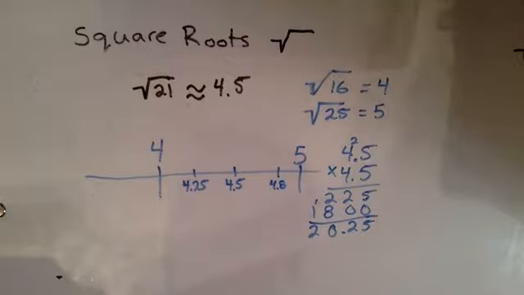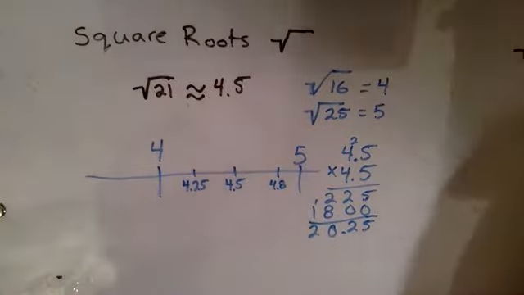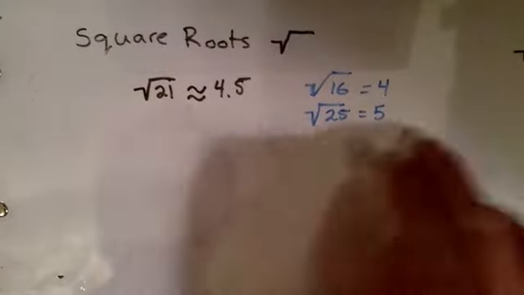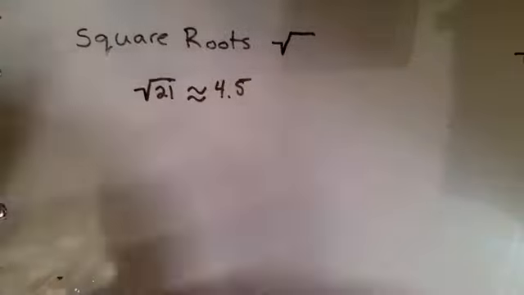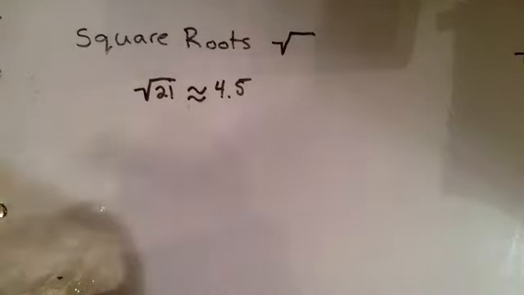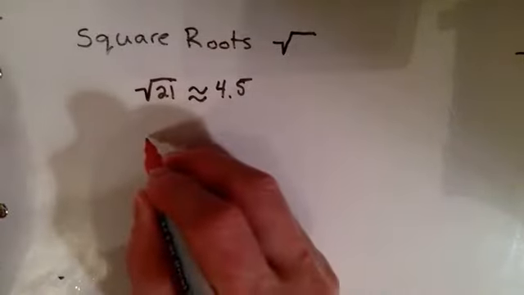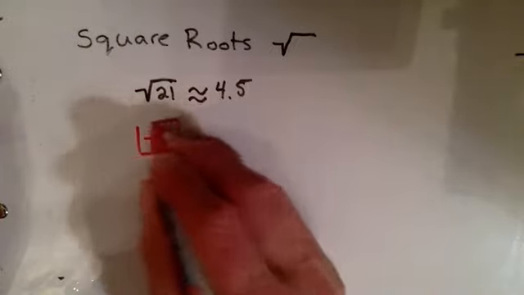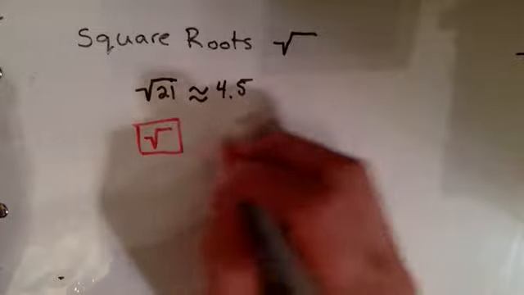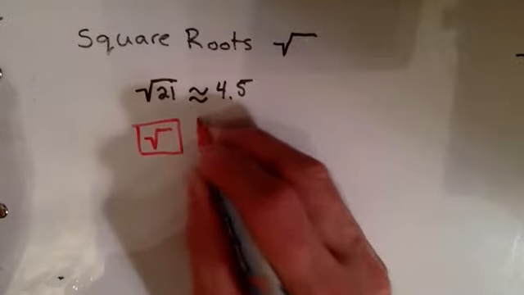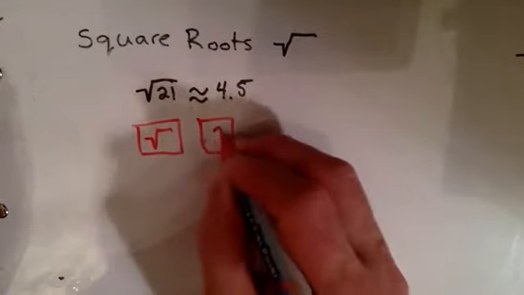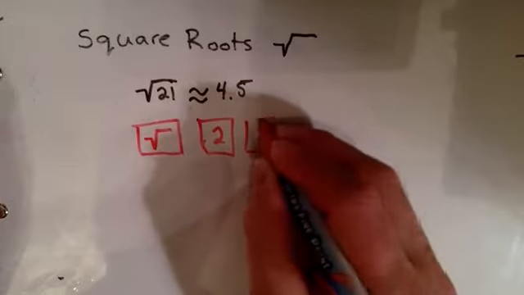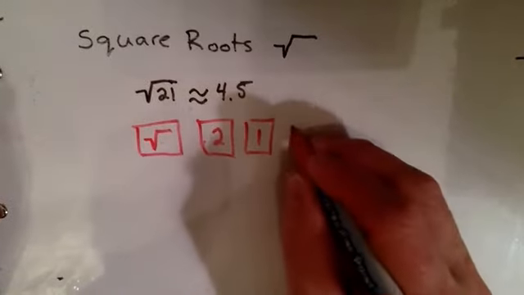So in the case of the square root of 21, what you might type in is a little bit different on different types of calculators. On some calculators, you press the square root button, then type 2, 1, and then the equals button.